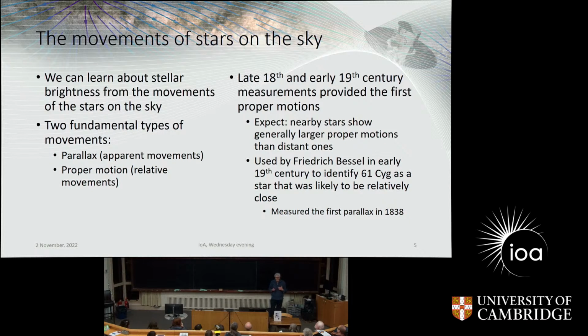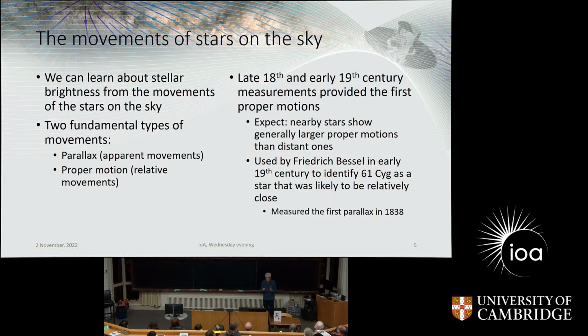In the late 18th and early 19th century, they already were measuring the first proper motions of stars. And they saw some very high proper motions there. They expected, quite rightly, that nearby stars would show generally larger proper motions than faraway stars.